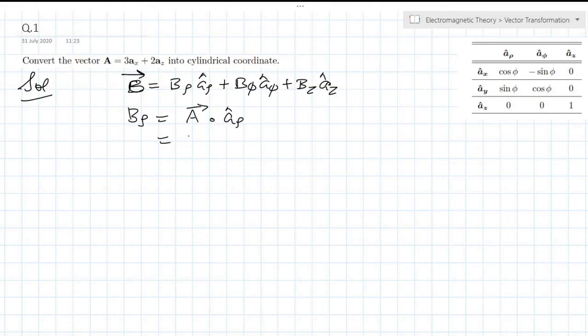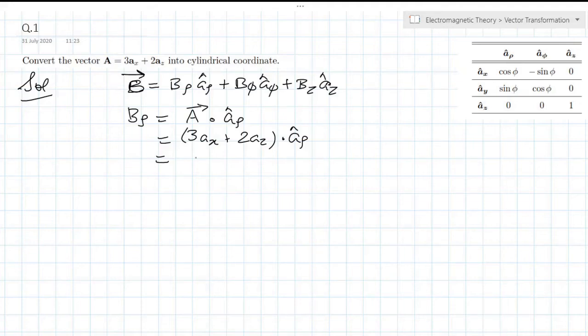So, what is the vector A? Vector A is 3ax plus 2az, and we are dot multiplying it with A rho. Now 3 will not trouble us, but this ax dot A rho, this first ax and then this A rho dot multiplication will have to be found from here.